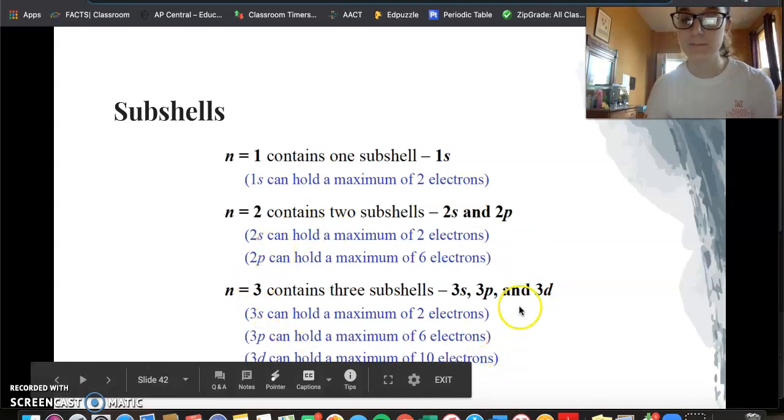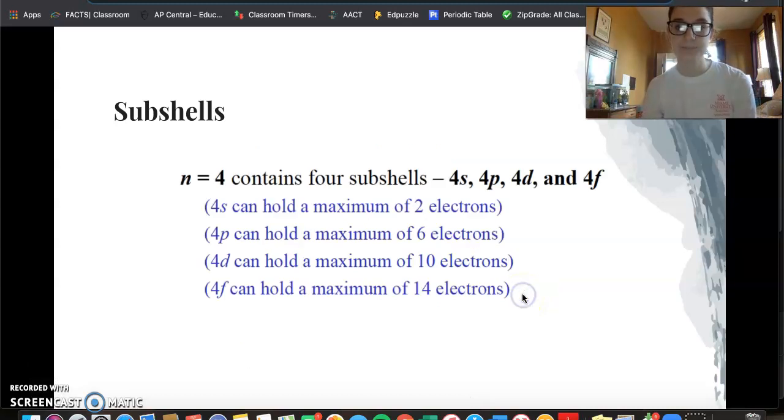So as a whole, n equals 3 can hold a maximum of 18 electrons.